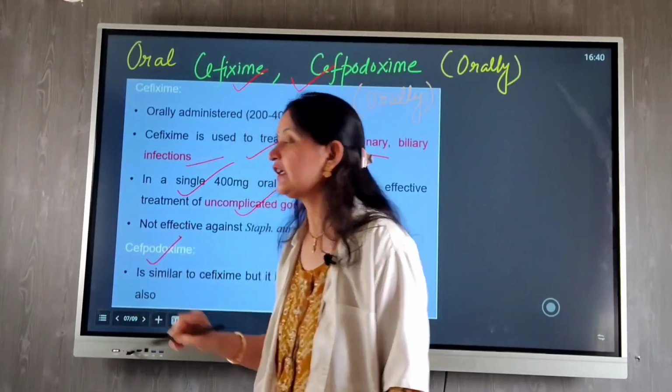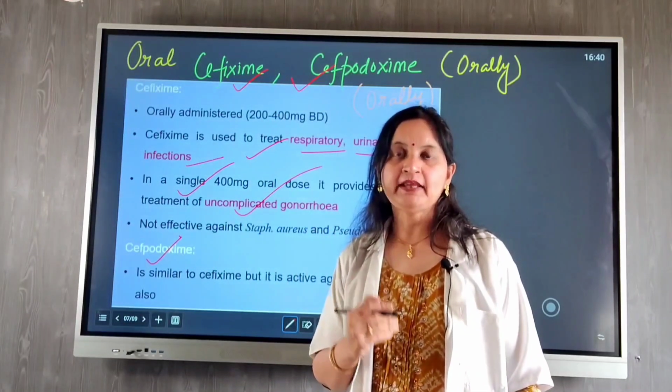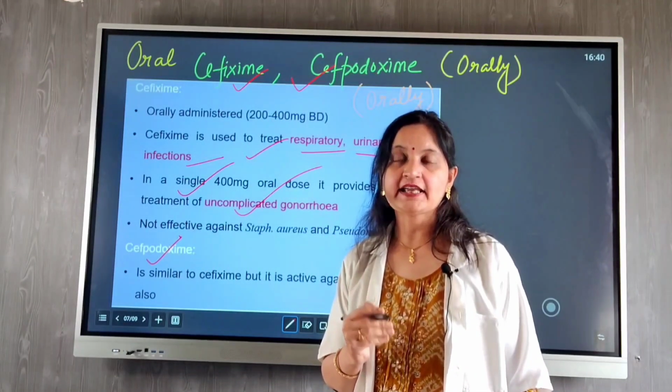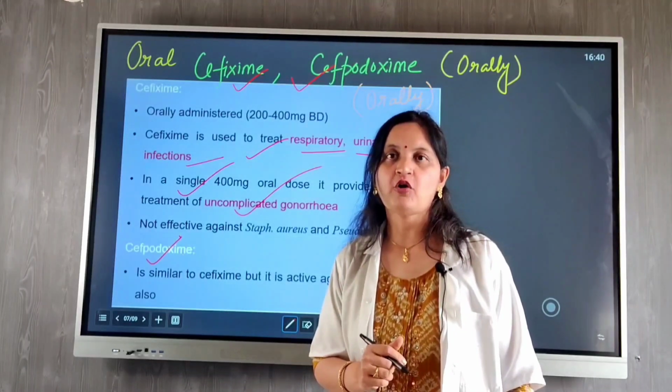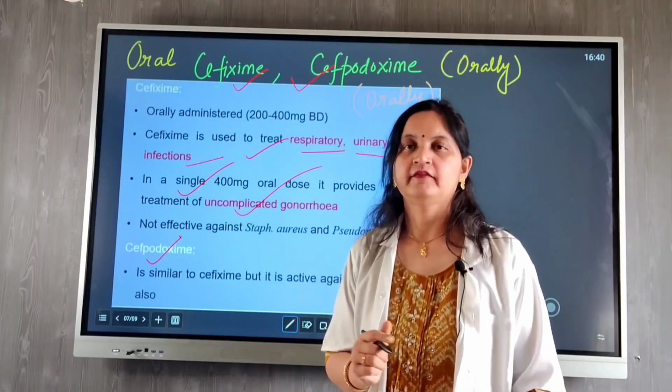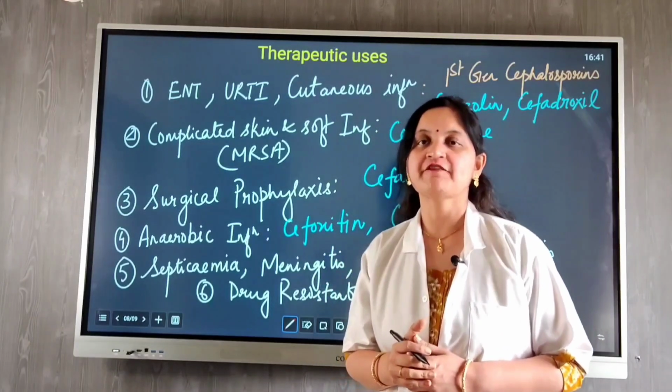Cefpodoxime is similar to that of cefixime, excepting that it has activity against Staph aureus, whereas cefixime has no action on Staph aureus organism. So this was all about the third generation of cephalosporins.